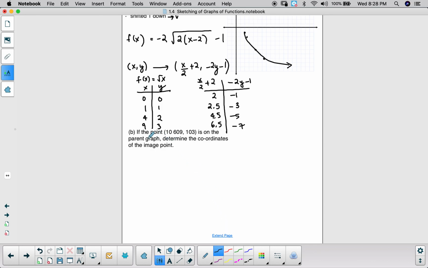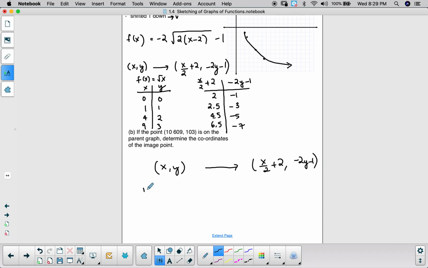Then they're saying if there is a point (10,609, 103) on the parent graph, what would the coordinates be of the image point? So we know that every value (x, y) in the given function, when it's transformed, becomes x over 2 plus 2 for the x values and -2y minus 1 for the y values.